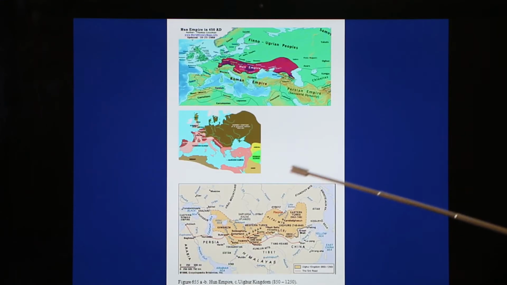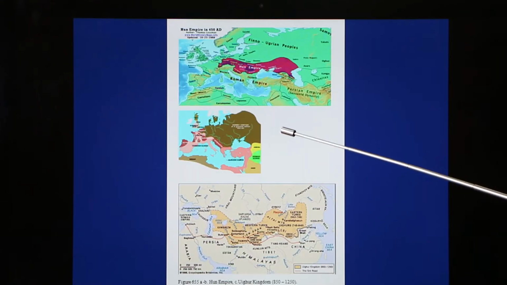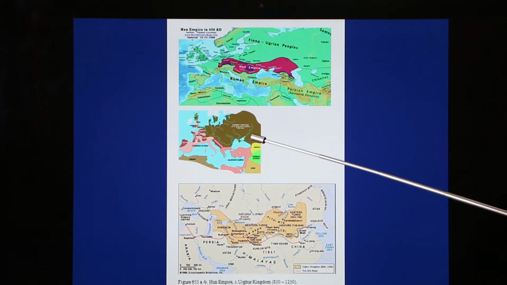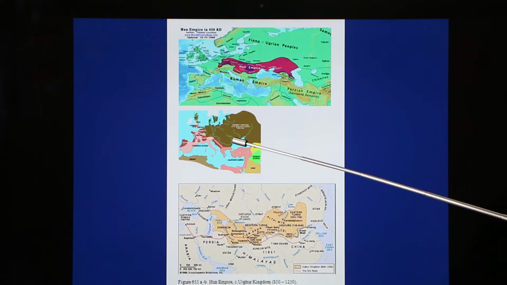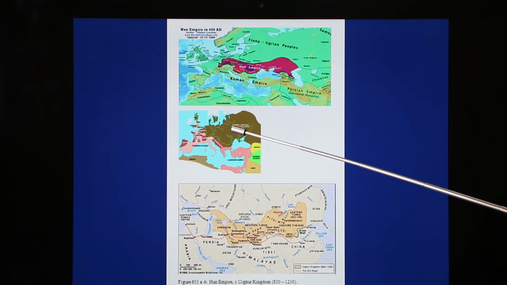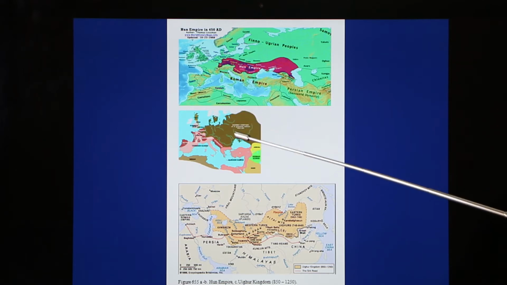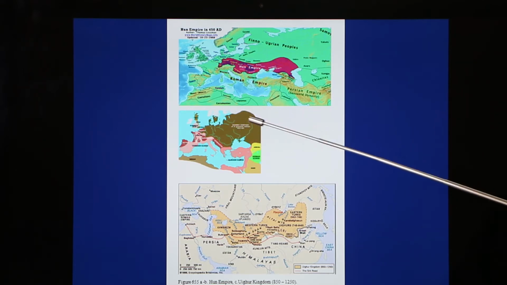And at its height, it covers this whole area. So it covers the Ukraine, Bulgaria, Romania, the whole of Belarus, and even bits of Russia.